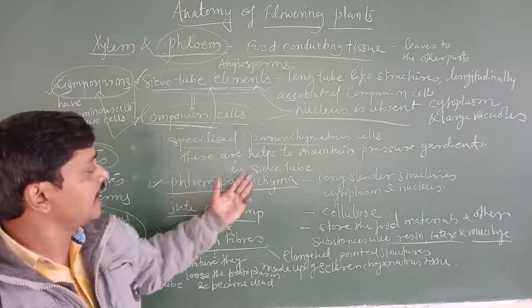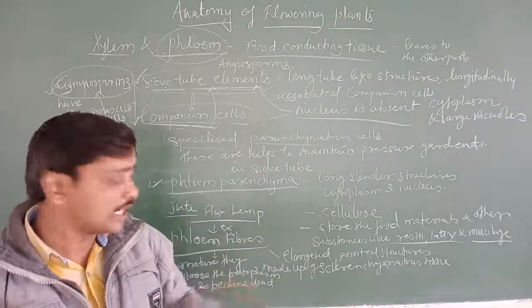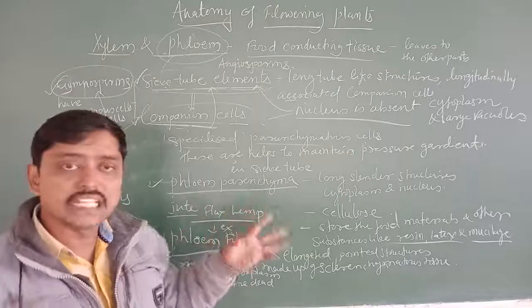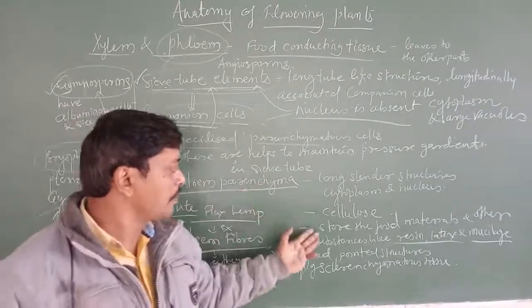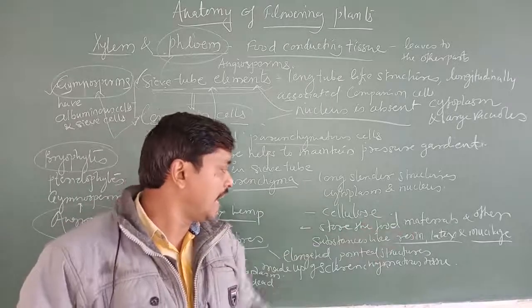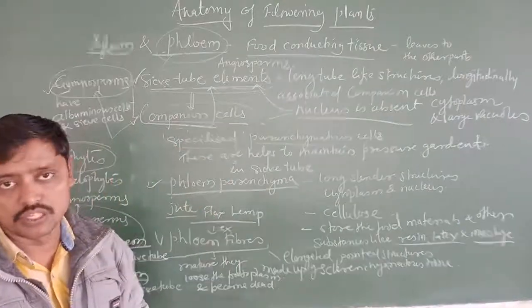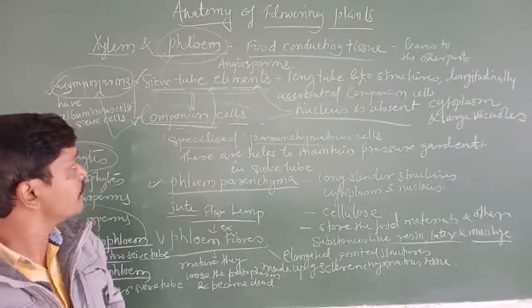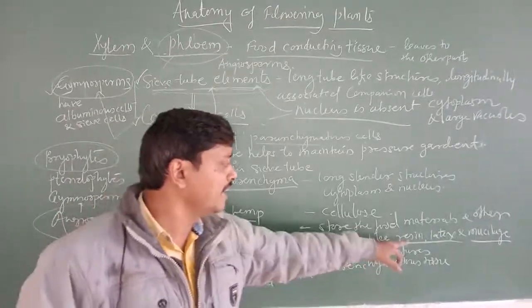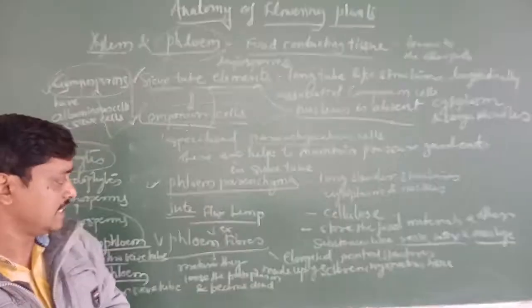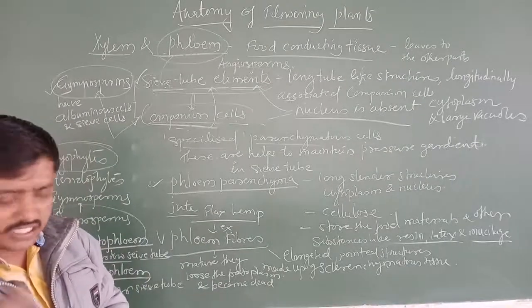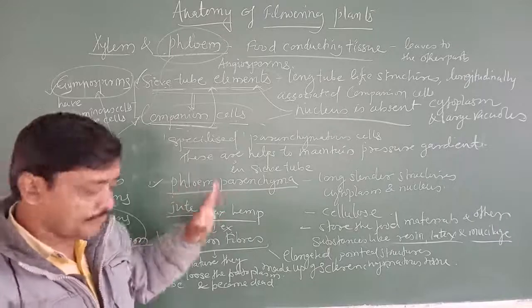The cells of the phloem parenchyma are made up of cellulose, and they are helpful for storing food material and other substances like resin, latex and mucilage. So this is the function of phloem parenchyma.